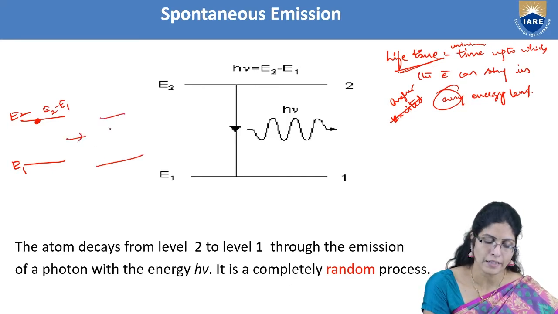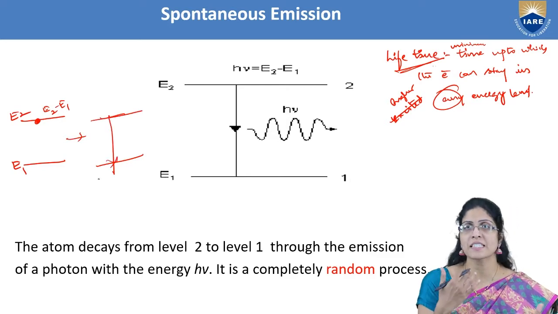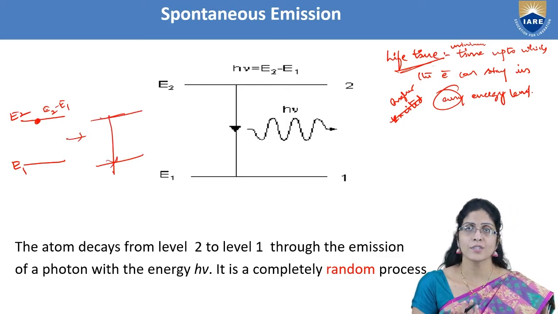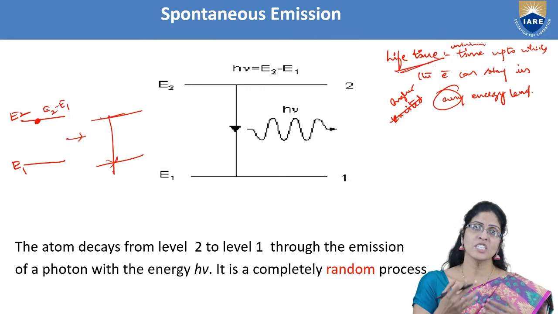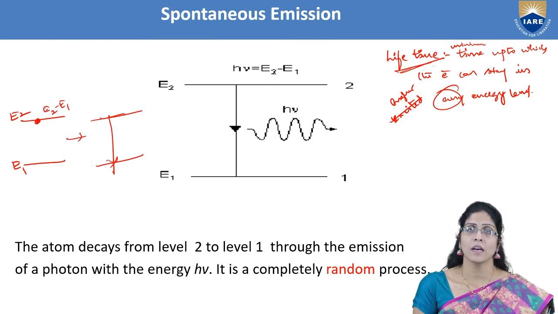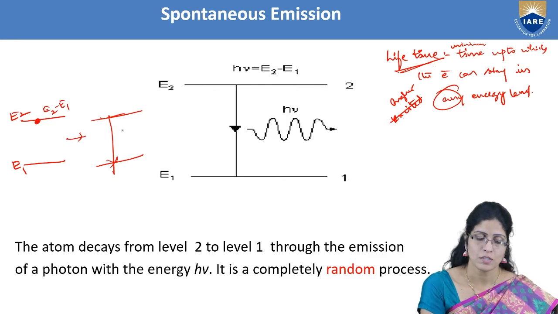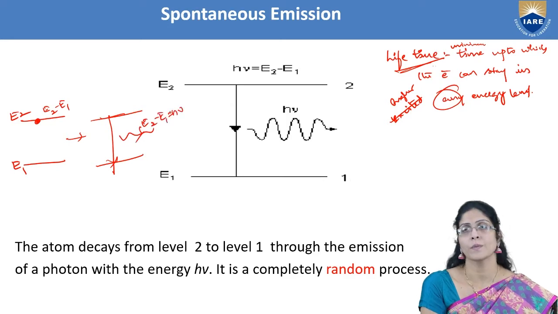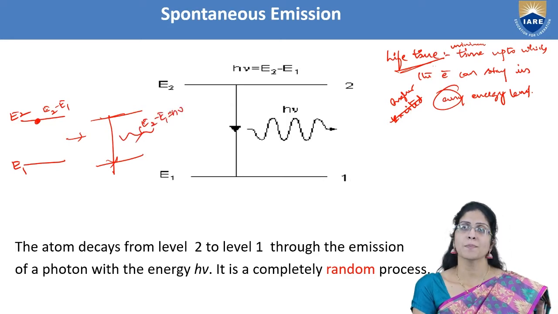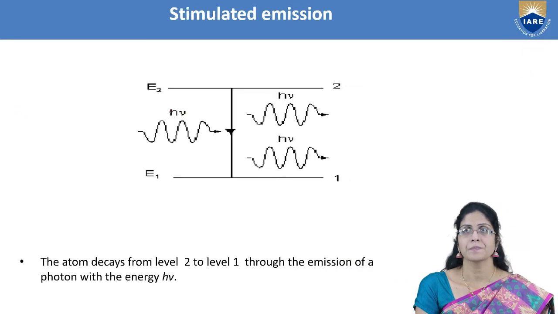It spontaneously makes a downward transition, and as you know, when an electron goes from a higher energy level to a lower energy level, it emits a photon, equal to E2 minus E1, which is h nu.